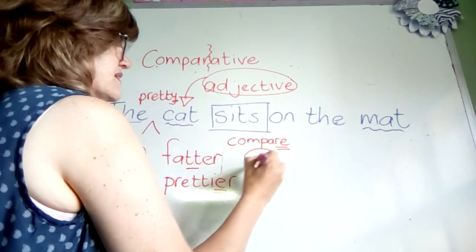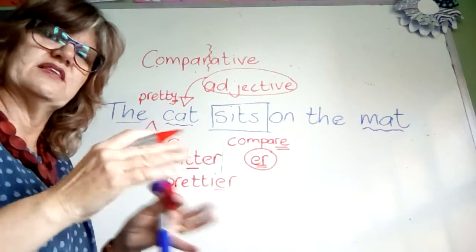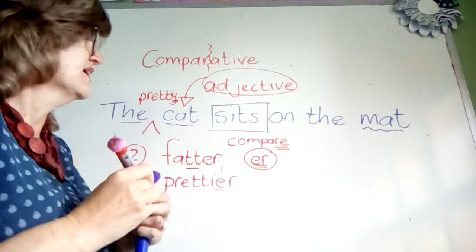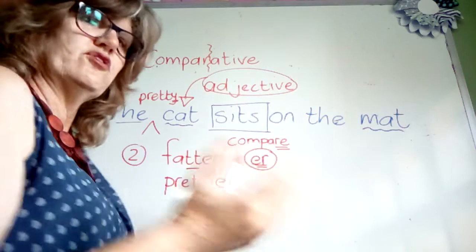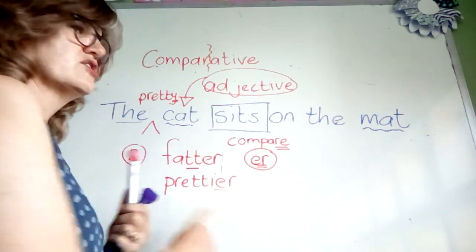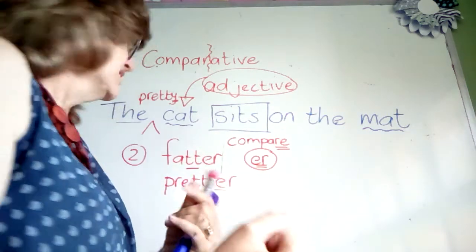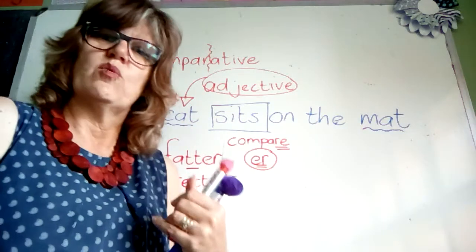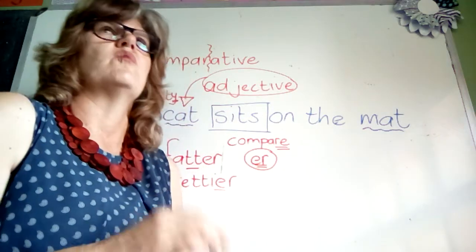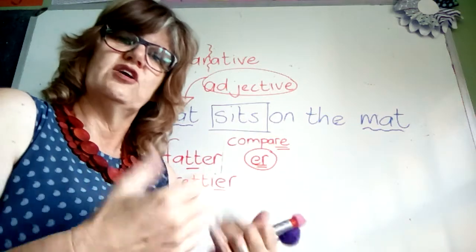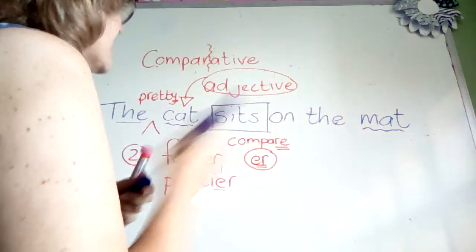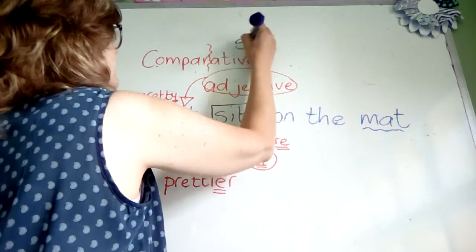Compare. Can you see? There's more or less a little bit of a help for you guys. Alright, I compare two things. It's only two. So one is prettier, one is faster, one is grayer, one is slower, one is older. You get it.